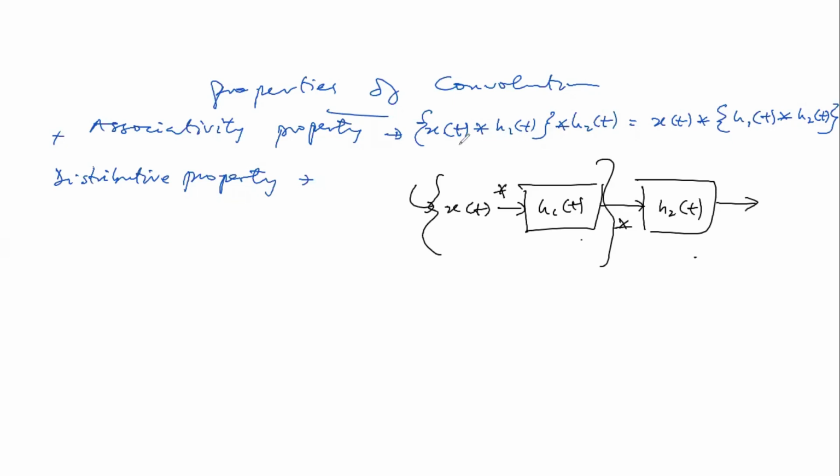Now, you observe that the response is going to be the same if we figure out the convolution between the two systems first, and then that operation is convolved with the input. So you see, this is done first, and then convolve with this, or better still, these two done, then convolve with this. Whichever way, we are going to get the same answer because it's a linear system. So the order of arrangement is immaterial. We are going to get the same response.